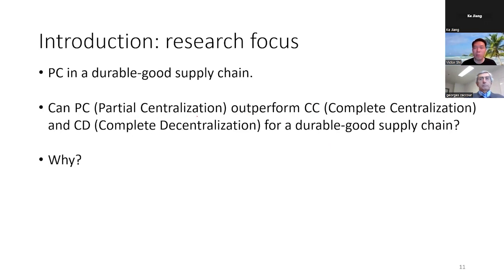If PC can outperform CC, that would be interesting, because complete centralization means I need to buy 100% of the other firm, right? PC means I only buy, say, 30% of the other firm. If buying 30% is better than buying 100%, of course I will not go out and buy 100% of the firm, which is much more expensive, right?